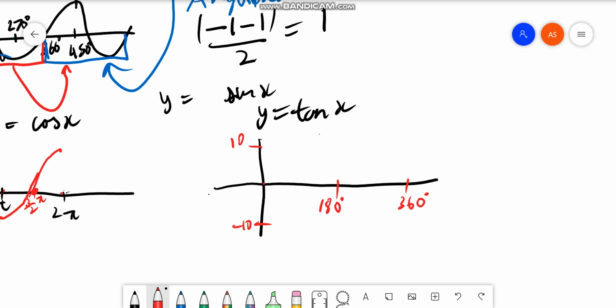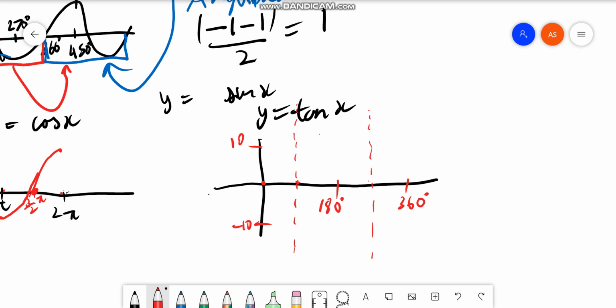So tan 0 is 0, tan 90 is undefined, and same thing for tan 270, also undefined. So we put these dotted lines to say that the graph does not exist over there.